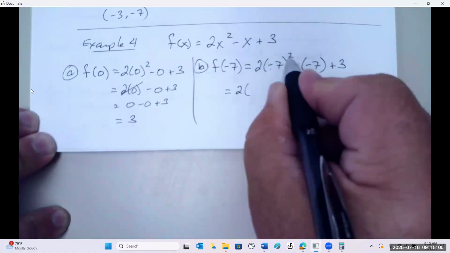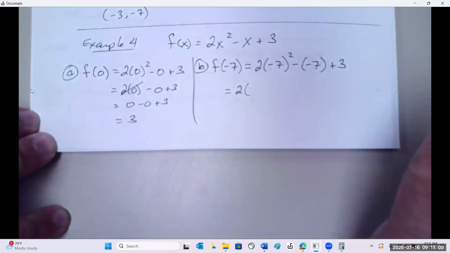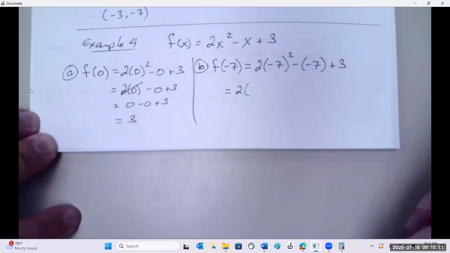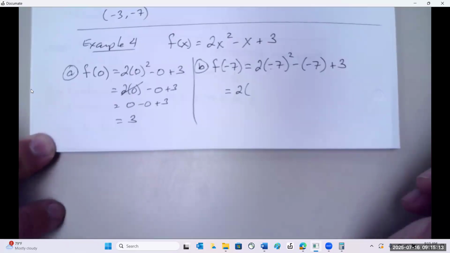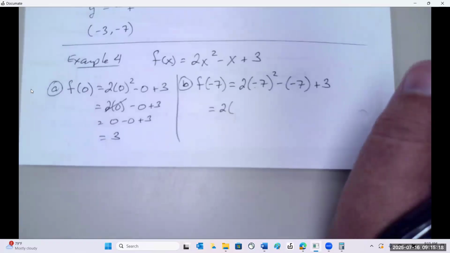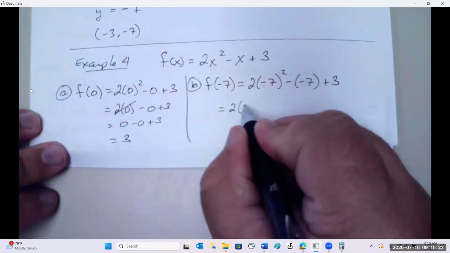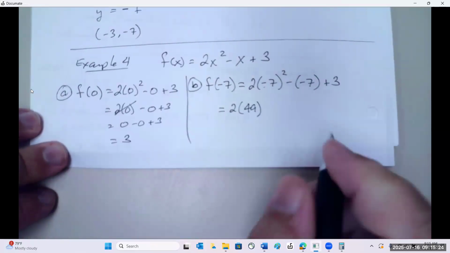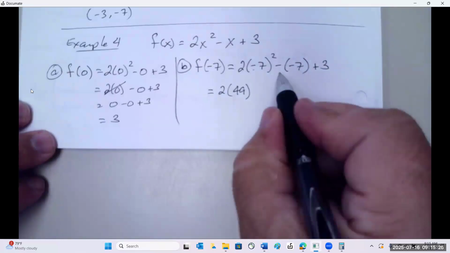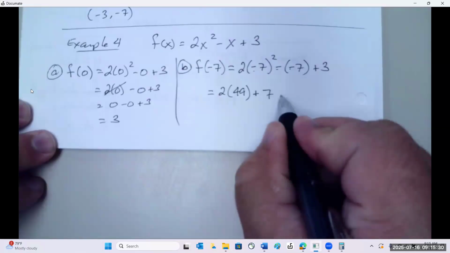So negative 7 squared is, is it positive or negative? It's positive 49. Negative times negative is positive. 7.